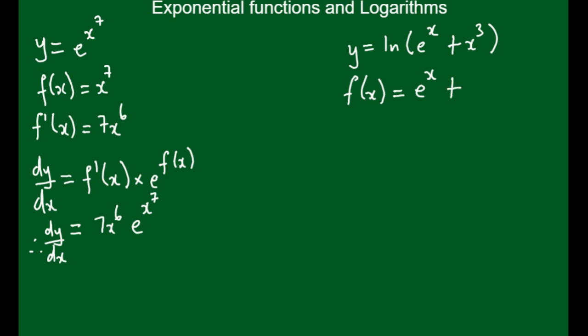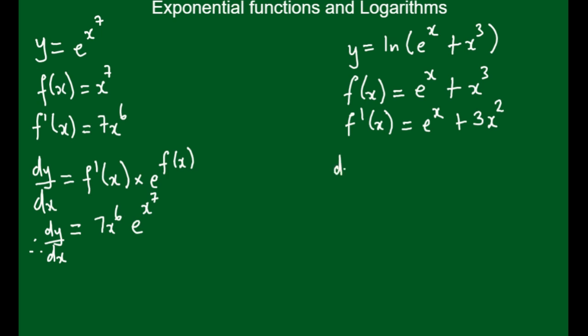We have e to the power of x plus x cubed. From there, we can calculate f prime of x. Whenever we differentiate e to the power of x, we get e to the power of x. You should know that the first derivative of e to the power of x is e to the power of x. Plus, we bring down that 3 and we subtract 1 from 3.